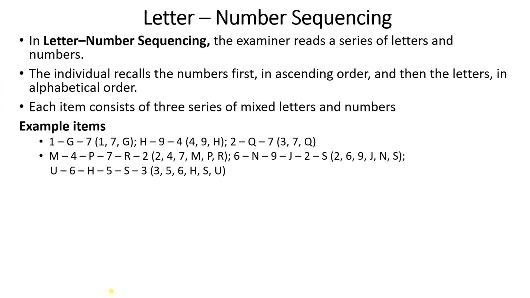H 9 4, then 4 9 is in ascending order, and then H. The second one shows a little longer string that requires more working memory. M 4 P 7 R 2, and the sequence of the numbers will be 2 4 7, that is in increasing order, and then he or she will have to rearrange the alphabets in alphabetical order. M comes prior to P and P comes prior to R. So these are some examples.